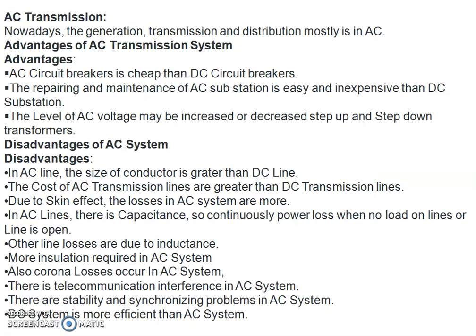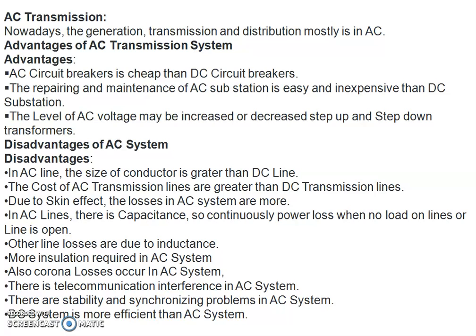For AC, nowadays generation, transmission and distribution are mostly done in AC. We do not use DC for generation, transmission and distribution. Nowadays we use AC only. There are obviously advantages of AC over DC transmission.